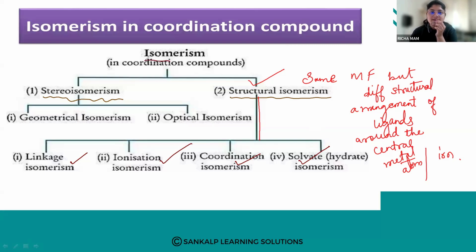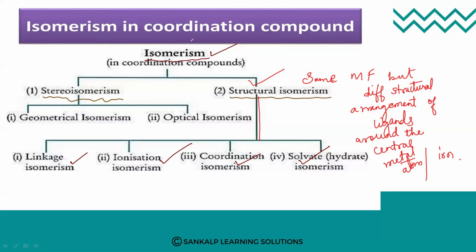So remember, what have we seen? What is isomerism? When two or more compounds have the same molecular formula but different arrangement of atoms, and because of which they differ in physical and chemical properties, they are called isomers, and the phenomenon is called isomerism. Isomerism is classified into two types: stereoisomerism and structural isomerism.